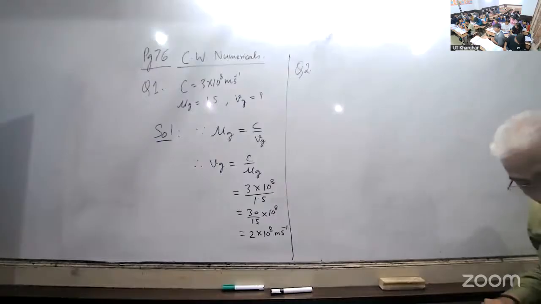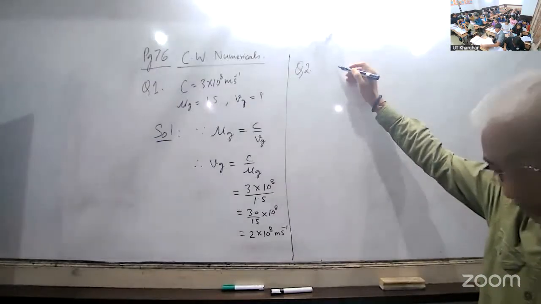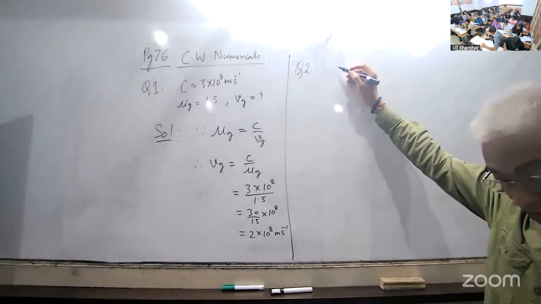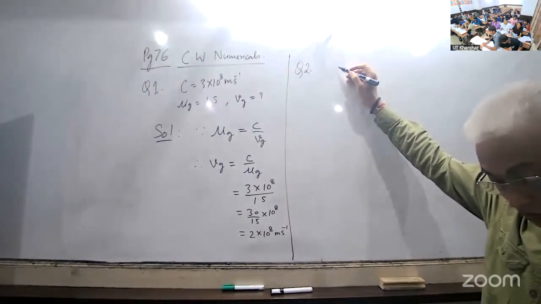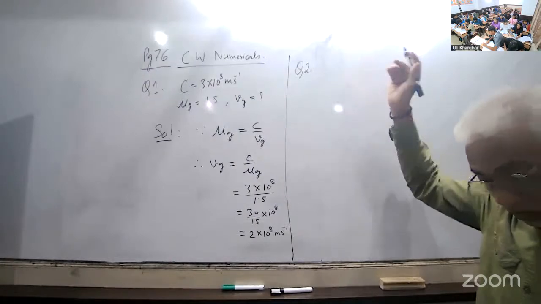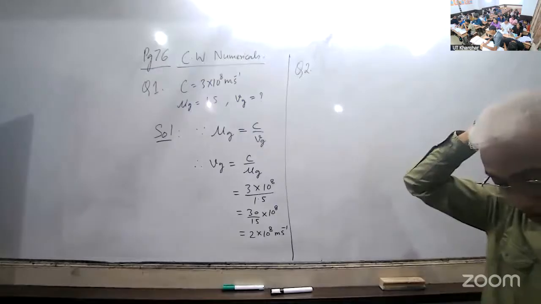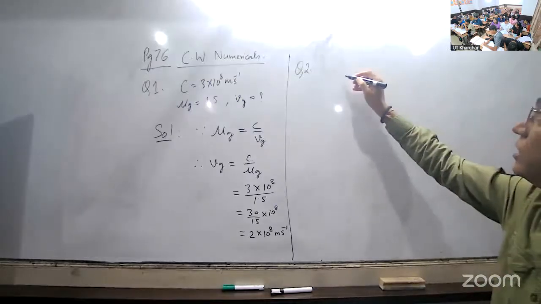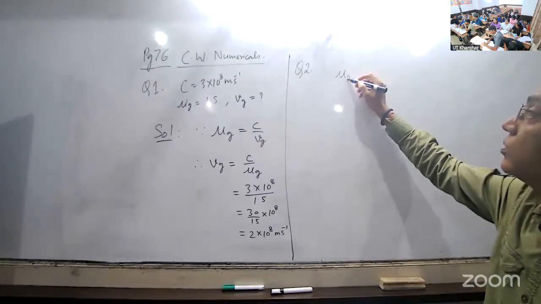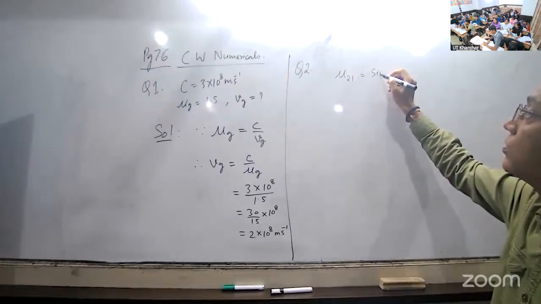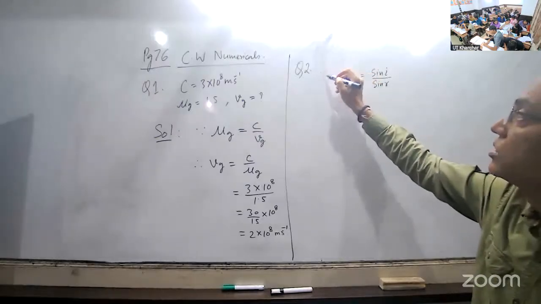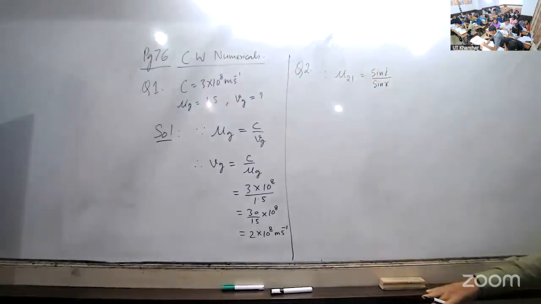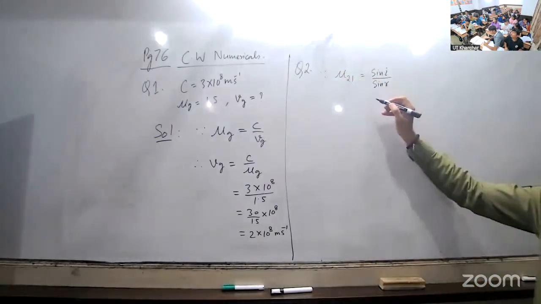What is this? The angle of refraction is less, but the second medium is denser, right? This is the formula, right? So angle of refraction is in the second medium.